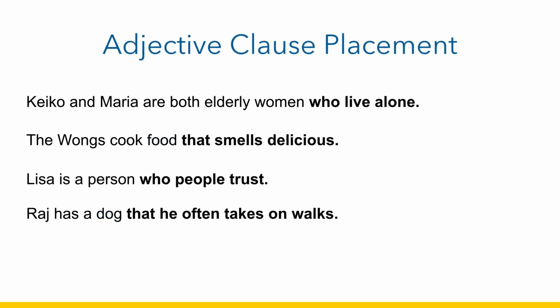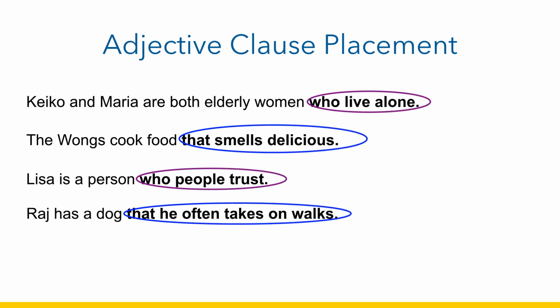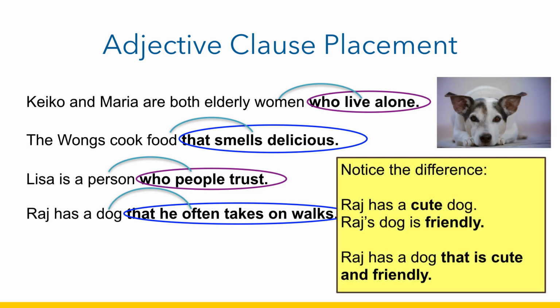Let's talk about where adjective clauses go in a sentence, or adjective clause placement. Notice here that the adjective clauses always come right after the noun that they describe. This is different from single word adjectives. For example, Raj has a cute dog.